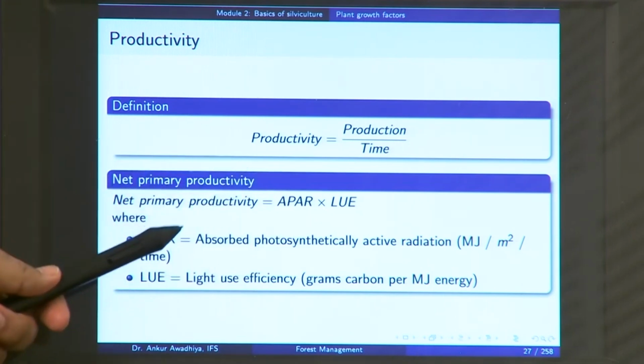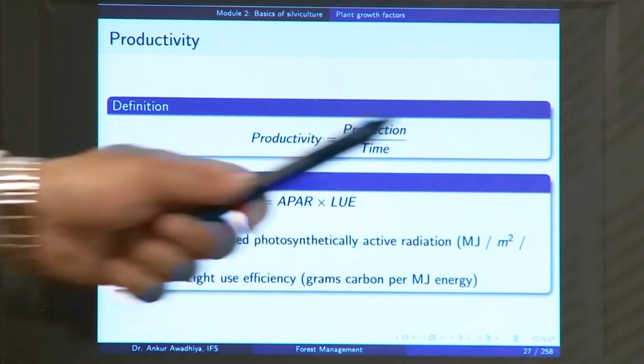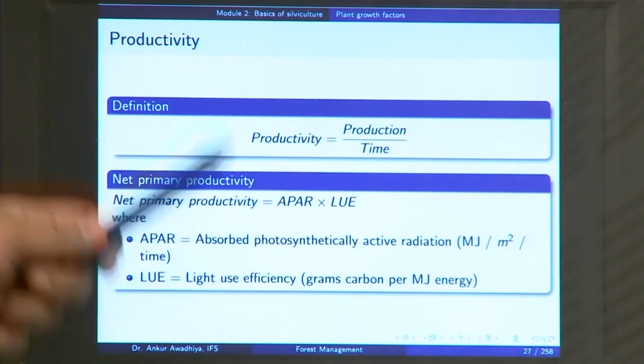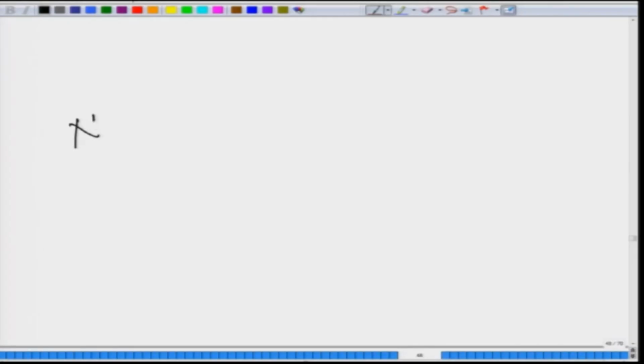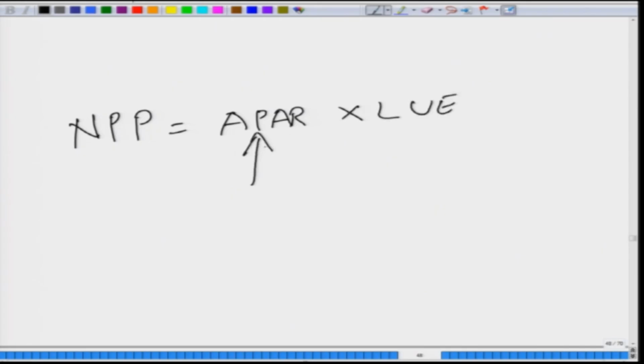Now, APAR is the absorbed photosynthetically active radiation and LUE is the light use efficiency. So, what this equation is telling you is that net primary productivity is APAR into LUE.